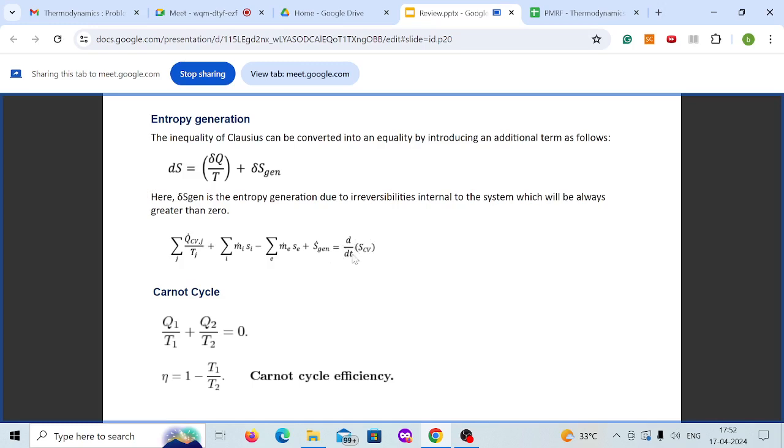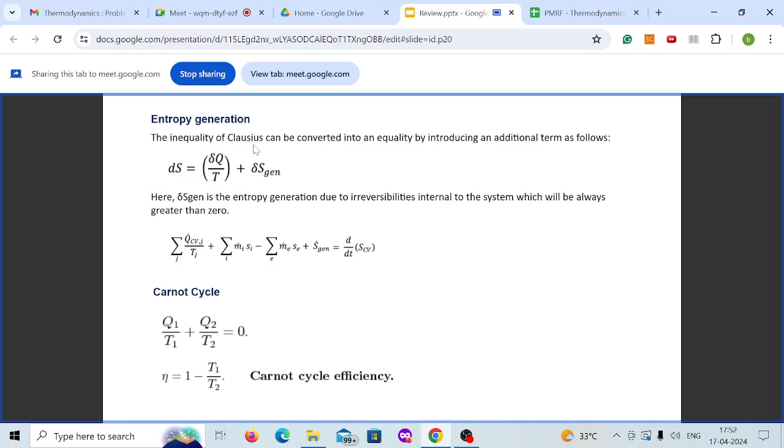This is similar to the first law expression which we wrote. The S generated accounts for internal irreversibility. With this you can do an entropy balance.